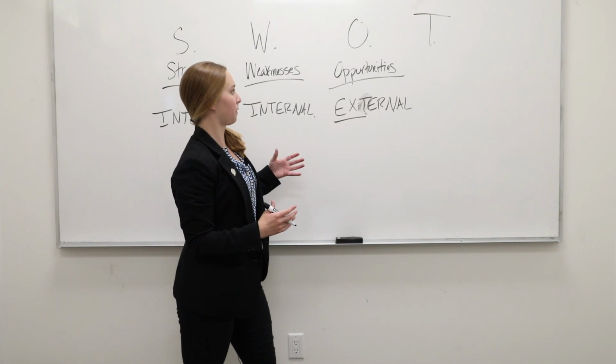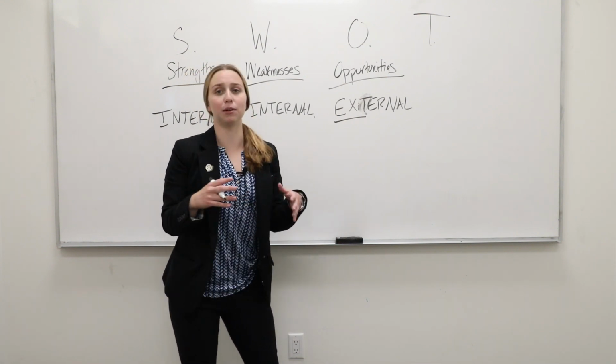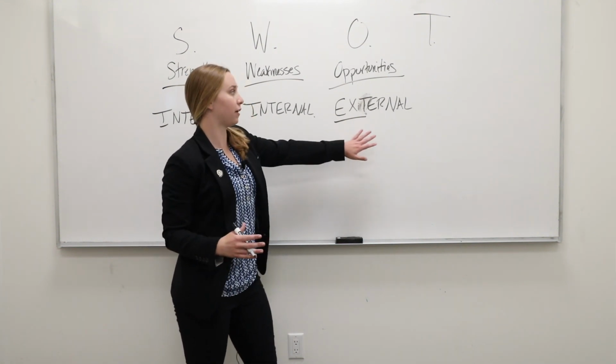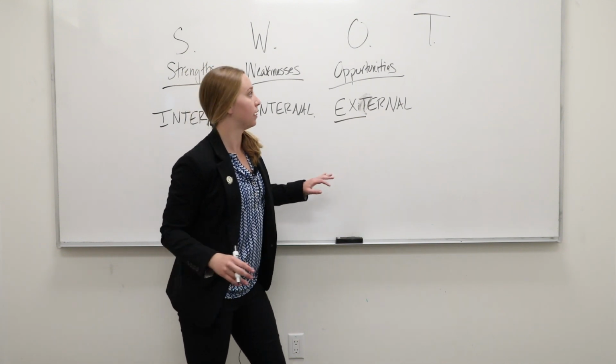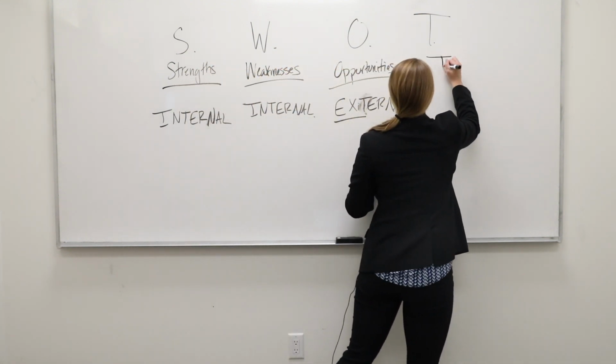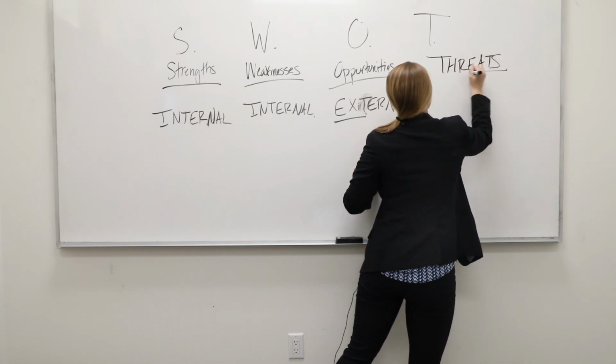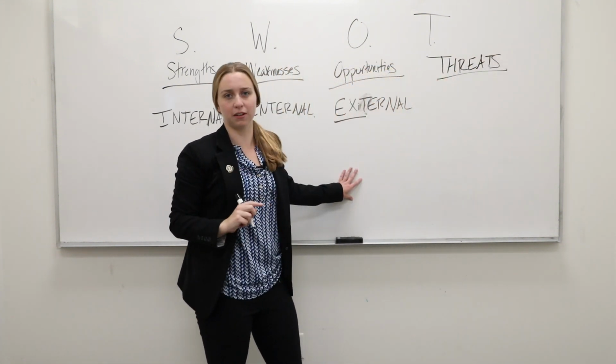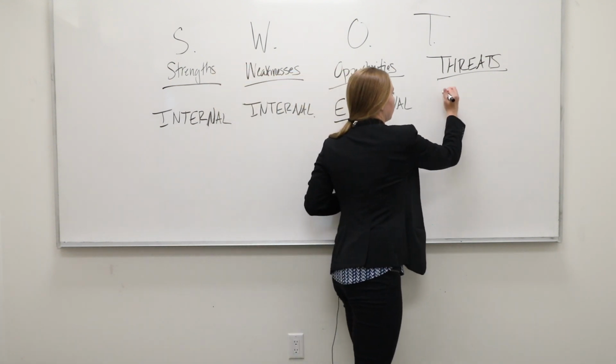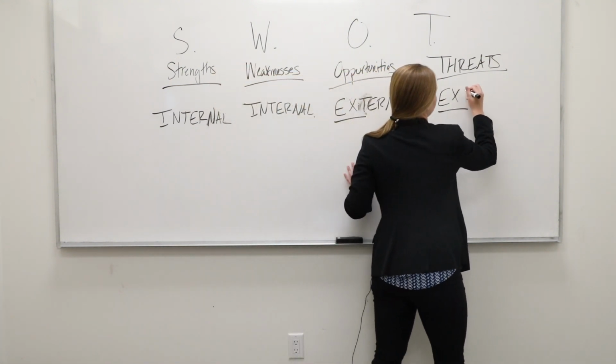Maybe you have some kind of opportunity. Maybe it's a growing field. Things like that. So think of external opportunities. For T, T is threats. Right? What could threaten your business? So these, again, are external.